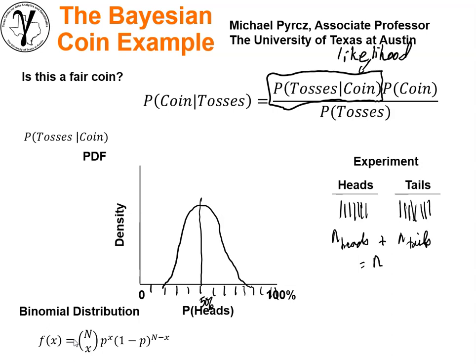Now, if we run fewer experiments, the distribution won't be as steep. It'll have more variance because you have more uncertainty. And if we ran many, many, many experiments and it's 50-50, the uncertainty would go down. So that's the binomial distribution that we're working with.